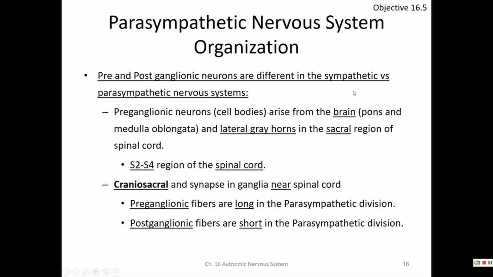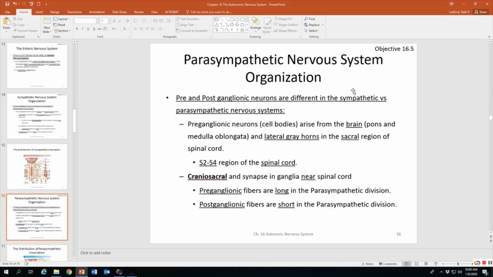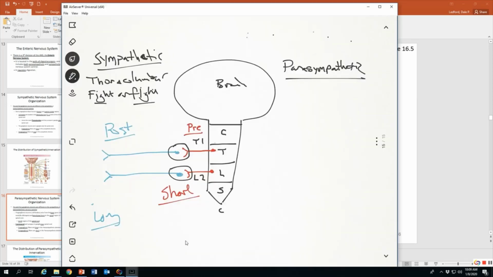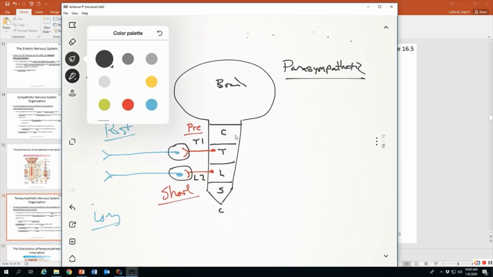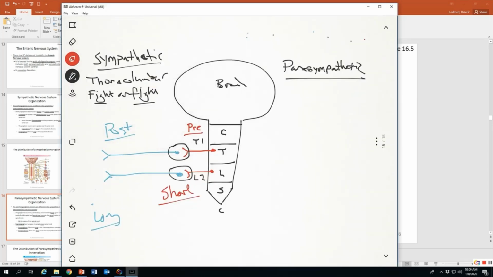Now, the next one is parasympathetic. Now, parasympathetic comes from the brain and spinal cord. So it's either coming from the brain, the pons and medulla oblongata, brainstem, or out of the sacral spinal cord.